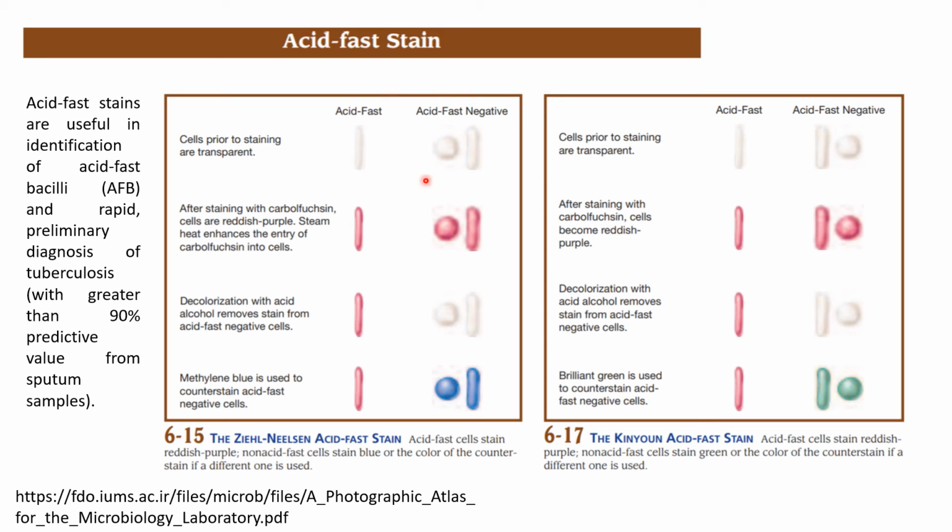So let's review the protocol for acid-fast staining. So of course, first, like both methods, the cells prior to staining are transparent. Okay, and then they use carbolfuchsin, which is red to pink. So after steam heating, it will appear pink, both acid-fast and acid-fast negative.